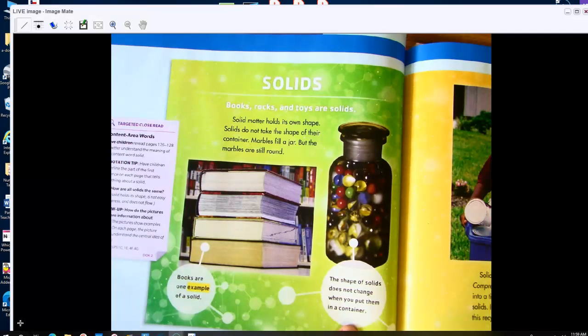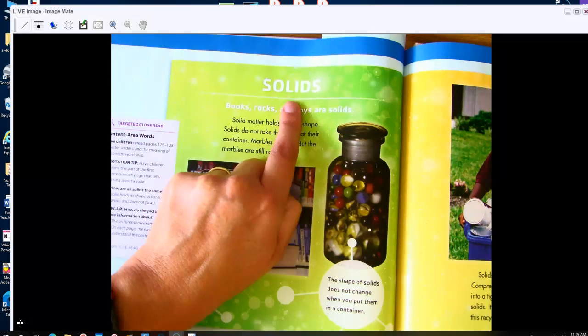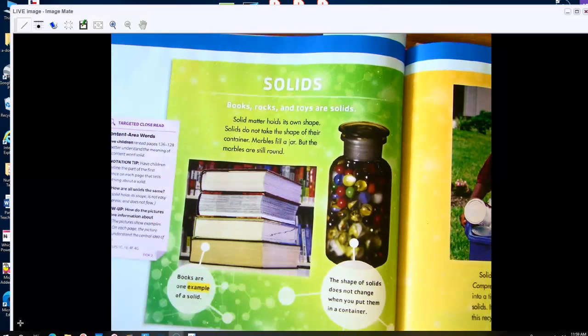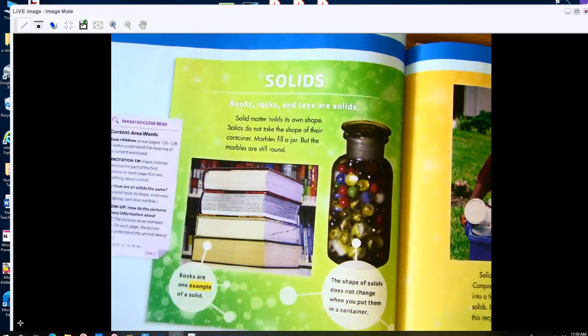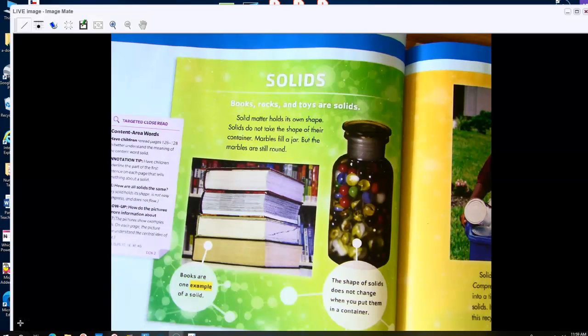Okay, so how are solids the same? It says solids here as our heading. So I wonder how all solids are the same. What do we know about every solid? Because I may not know what the word solid means. So what do I know by reading here on these pages what a solid is? Gracie?